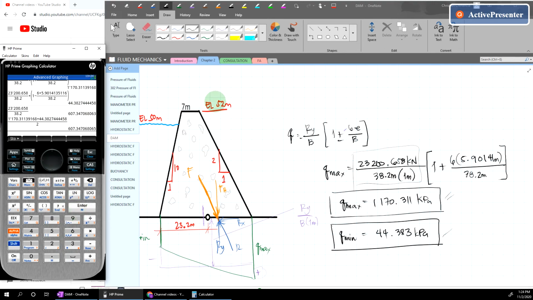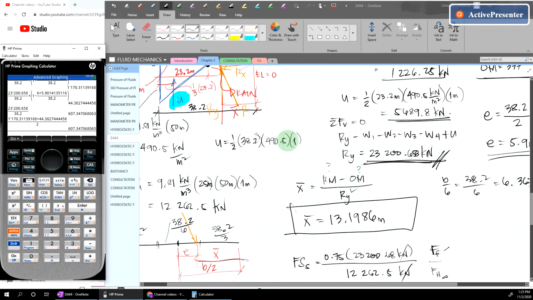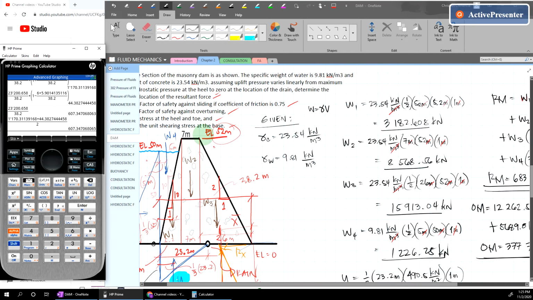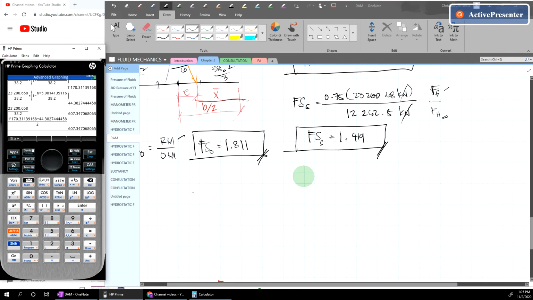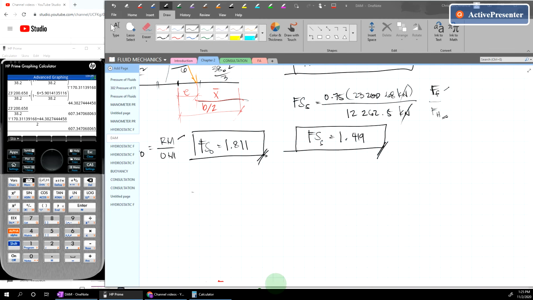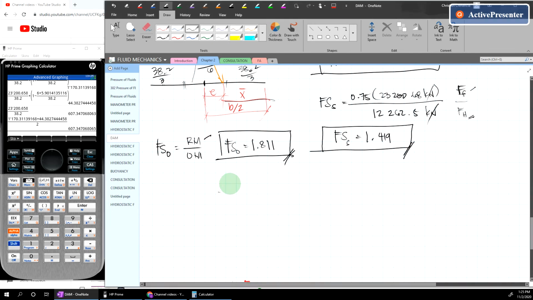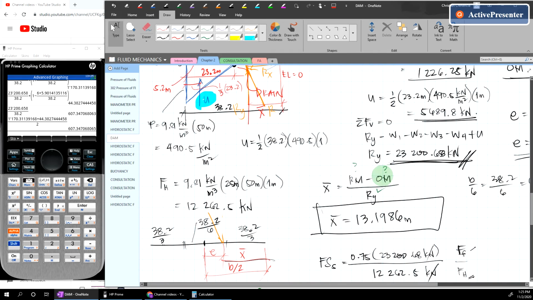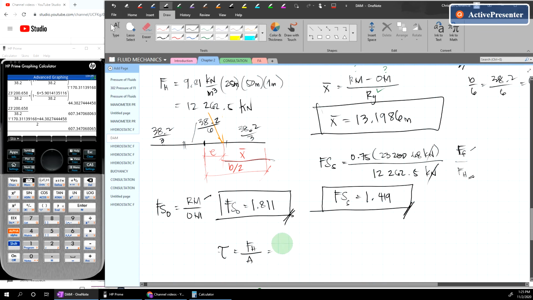Okay, then yung last question is what is the unit shearing stress at the base? So, unit kasi for every 1 meter strip lang. Okay, so yung shearing stress is yung FH, yung horizontal shear force natin, FH, over nung area. So, force over area. So, yung FH is 12,262.5.